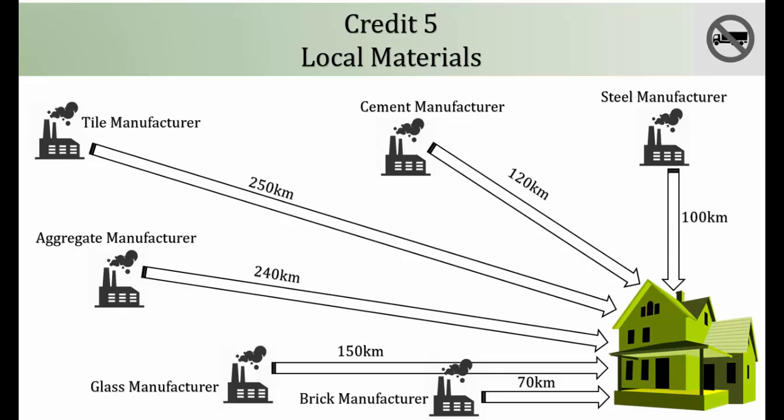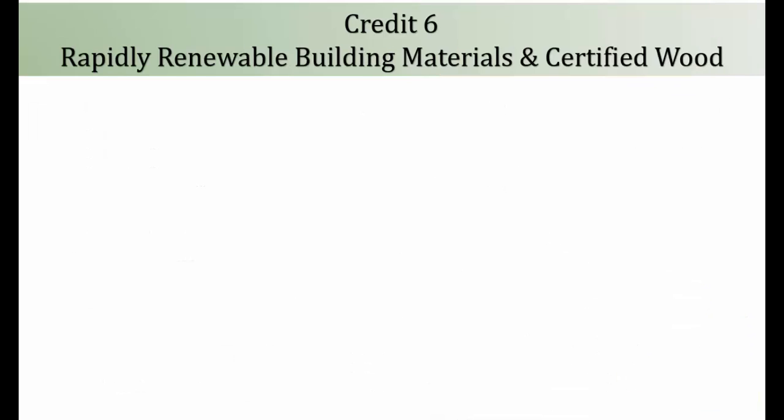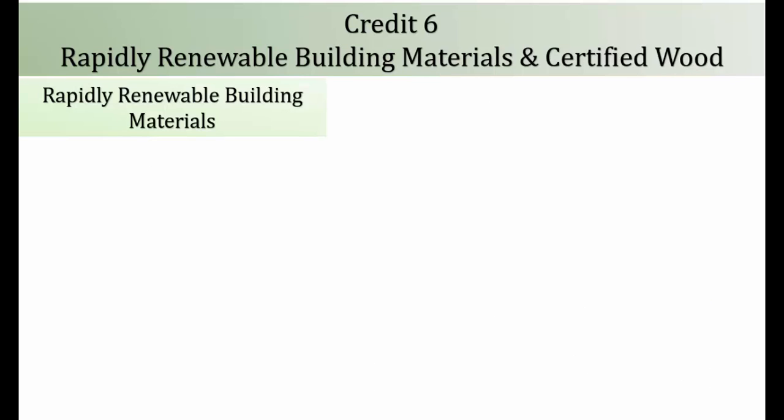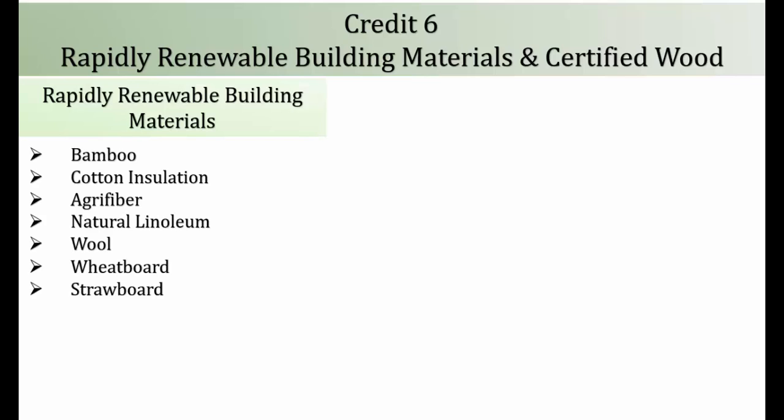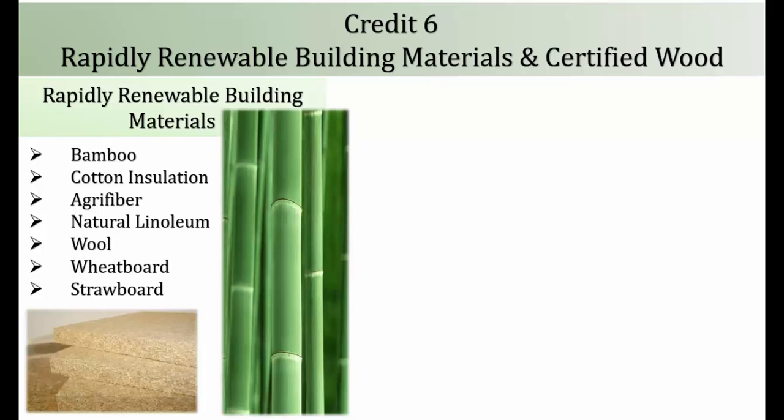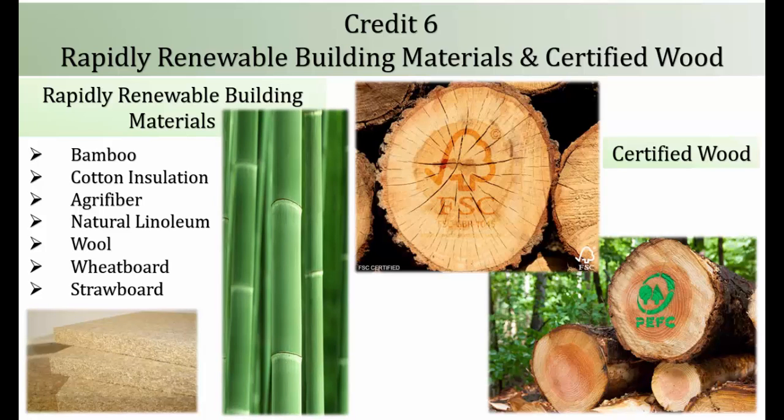Next is rapidly renewable building materials and certified wood. The intent of this credit is to minimize the use of virgin wood and maximize the use of materials which are rapidly renewable. The project team can use rapidly renewable materials or certified wood by FSC, Forest Stewardship Council, or the Program for the Endorsement of Forest Certification or a local program.